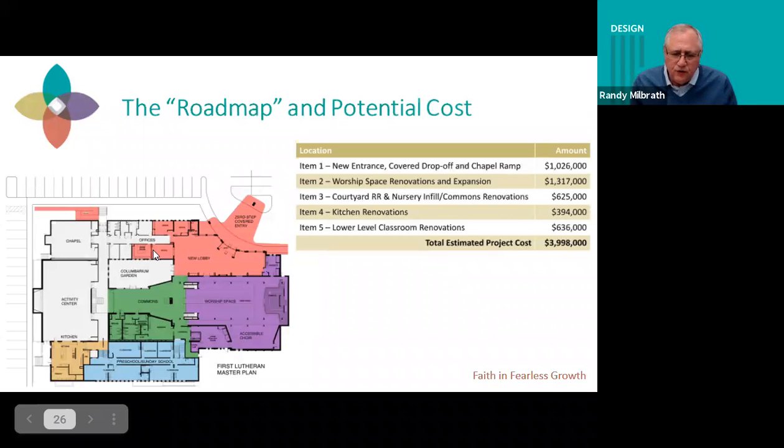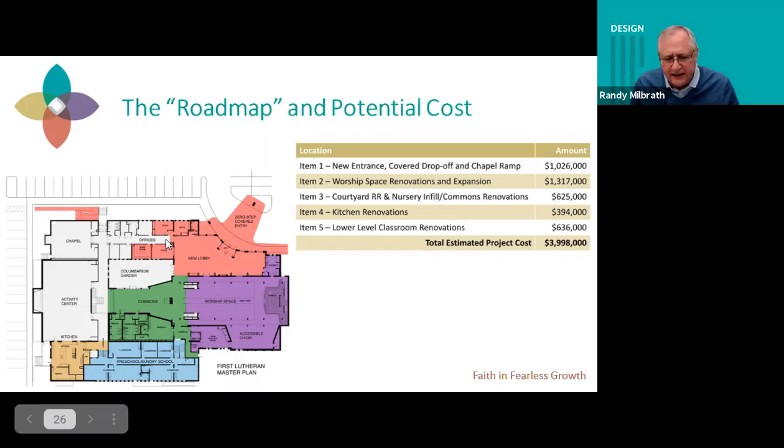So part of what we did was we created, and we use this word roadmap in a lot of different ways, but we typically show a congregation how to maximize their site, existing site or a new site. So way beyond what they think they're going to do in the moment, so that they're thinking about 10 years down the road, 20 years down the road, in terms of not pie in the sky, but just as your ministry might expand or your facility might expand, what's a good place for everything to occur so that you don't build in the wrong place and shorten the amount of time you're at that site.